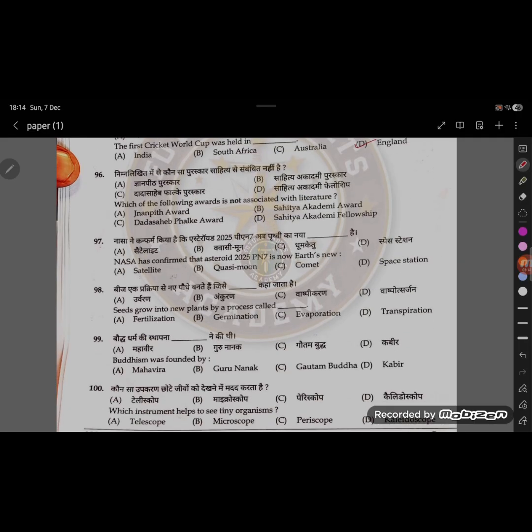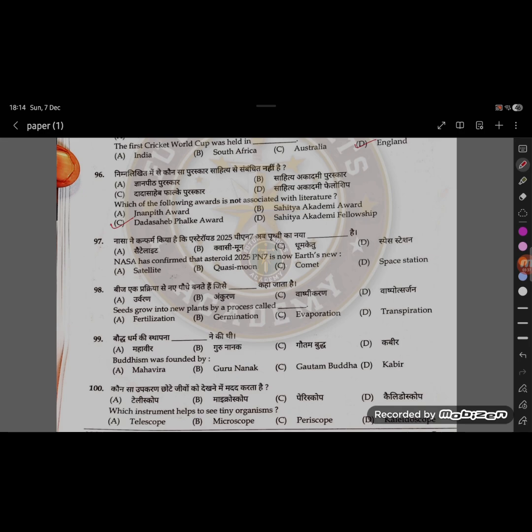The 96th asks about the award not associated with literature. So Gyanpith, Sahitya Akademi, these all are literary awards. Dada Saheb Phalke Award is not for literature. It is conferred upon people from the film industry, not literature.